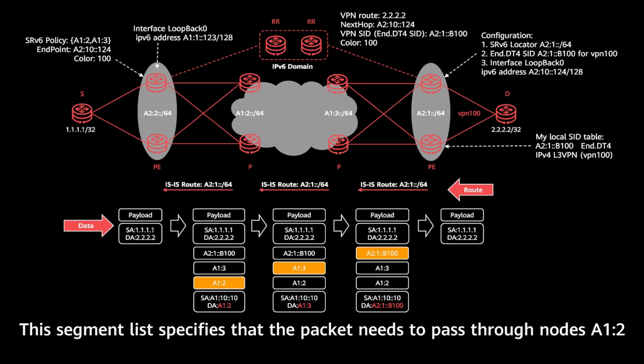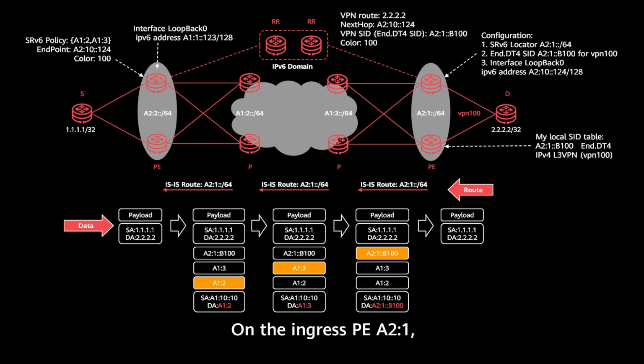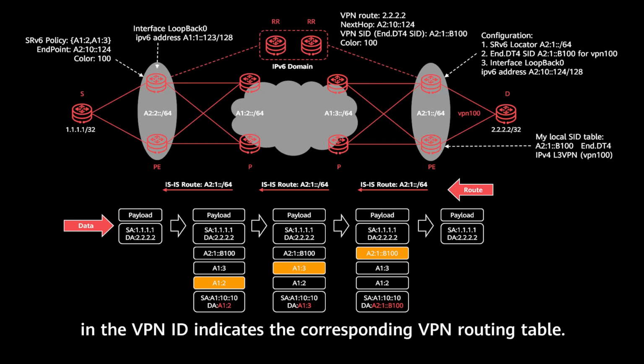This segment list specifies that the packet needs to pass through nodes A1::2 and A1::3 on the SRv6 path to reach the egress PE A2::1. On the egress PE A2::1, the function ID B100 in the VPN ID indicates the corresponding VPN routing table.